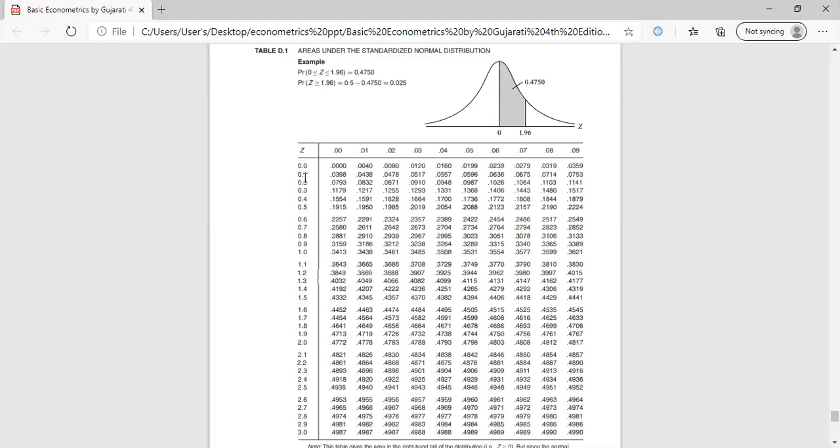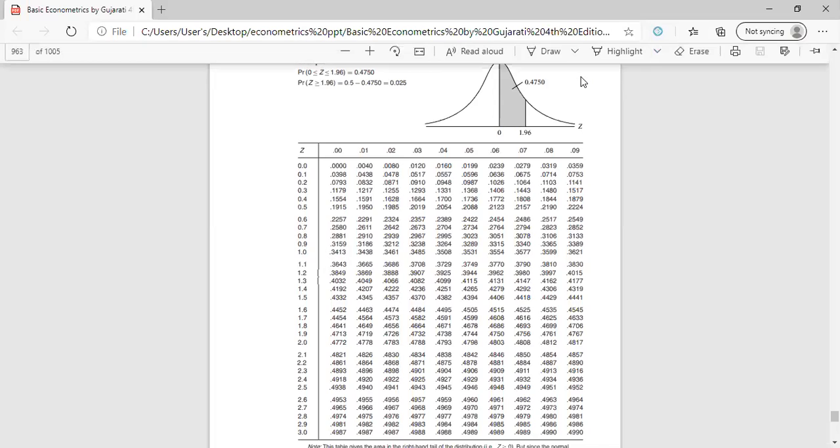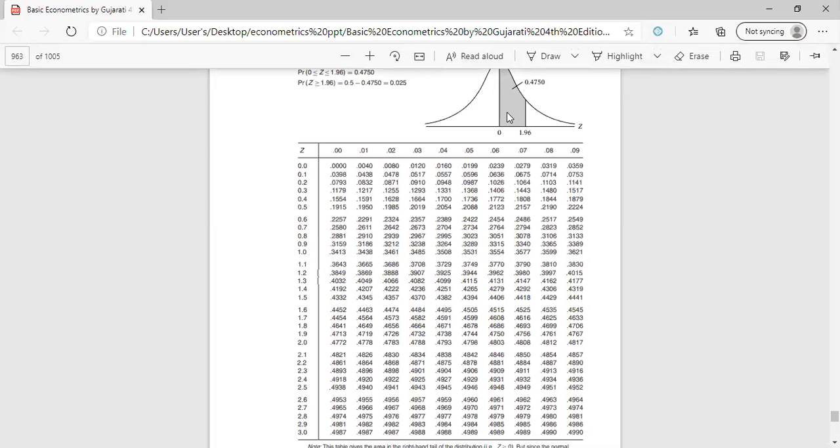So 0 to 1. Where is 1? Here is 1. Which is 0.3413. What is this? This is the probability that z lies between 0 and 1, this shaded area.